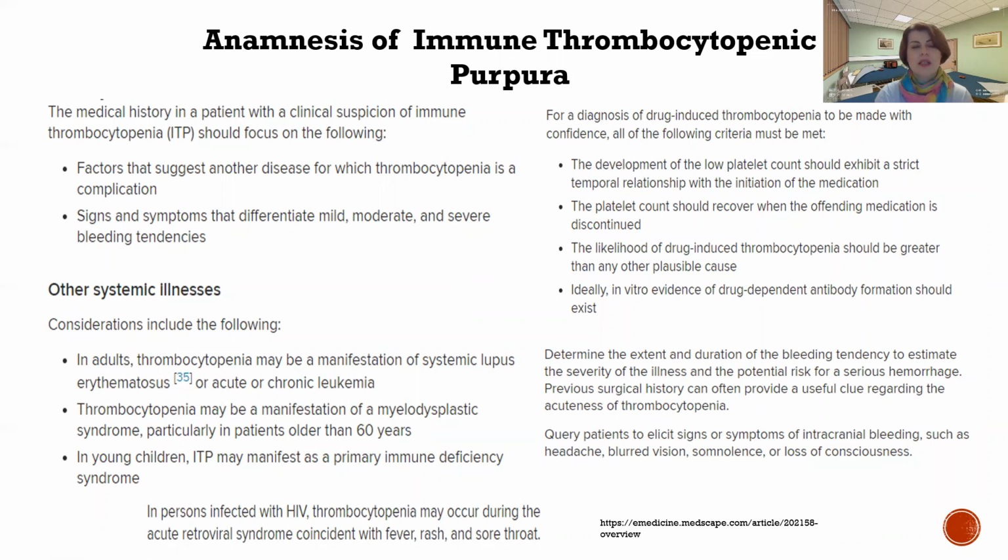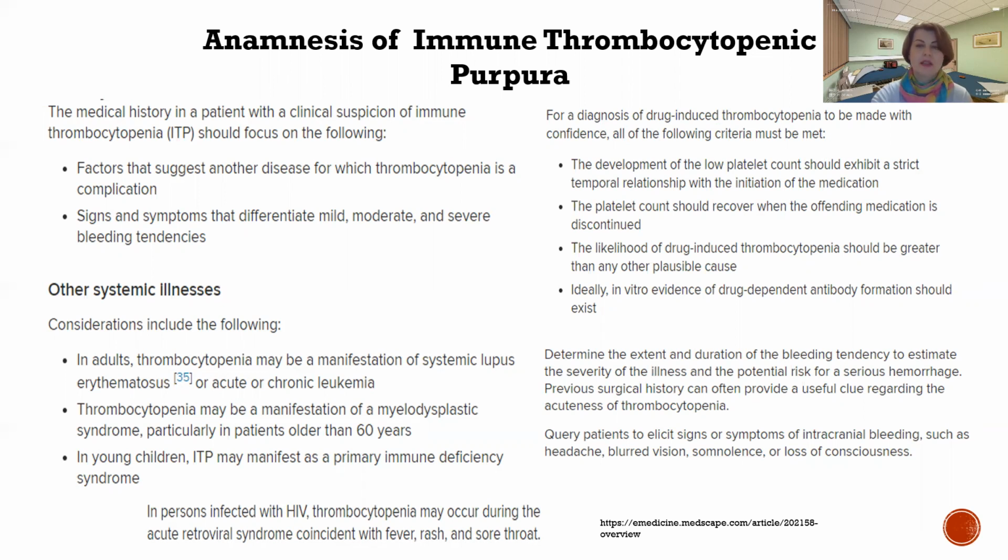Consideration for other systemic illnesses should include, in adults, thrombocytopenia, which may be a manifestation of systemic lupus erythematosus or acute or chronic leukemia, and also, for example, vasculitis. Thrombocytopenia may be a manifestation of myelodysplastic syndrome, particularly in patients older than 60 years. In young children, it can manifest as a primary immune deficiency syndrome.